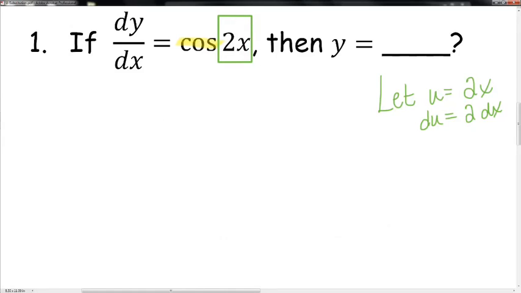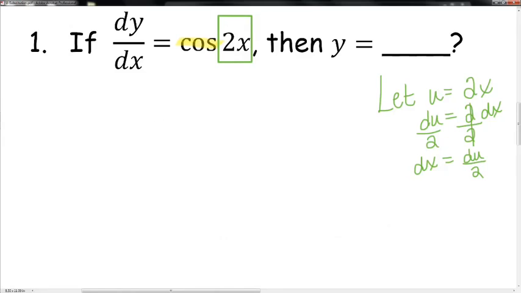And so now I'm going to solve for dx. I'm going to divide both sides by 2. And so now I can substitute in. So dx is equal to du over 2.